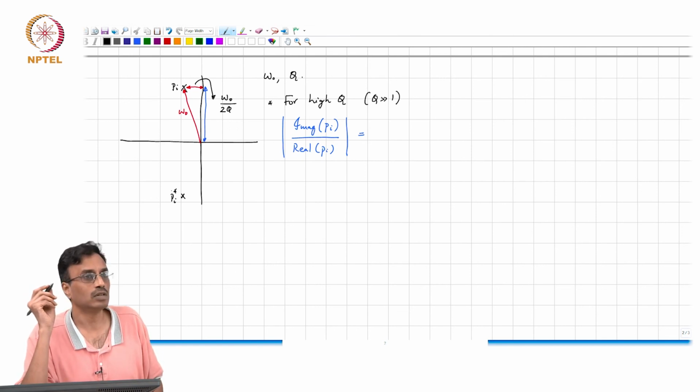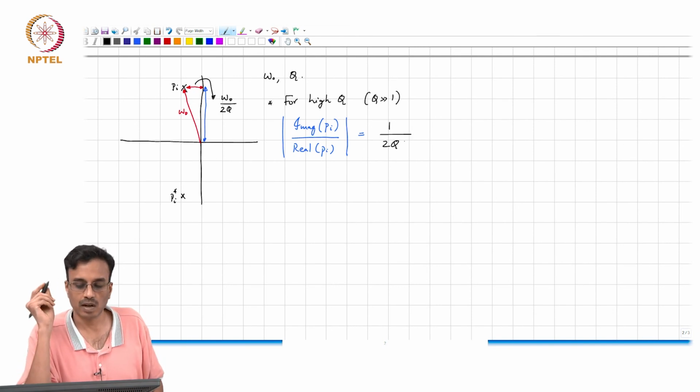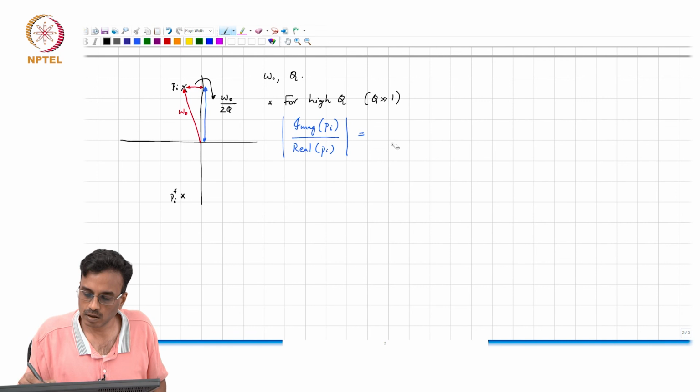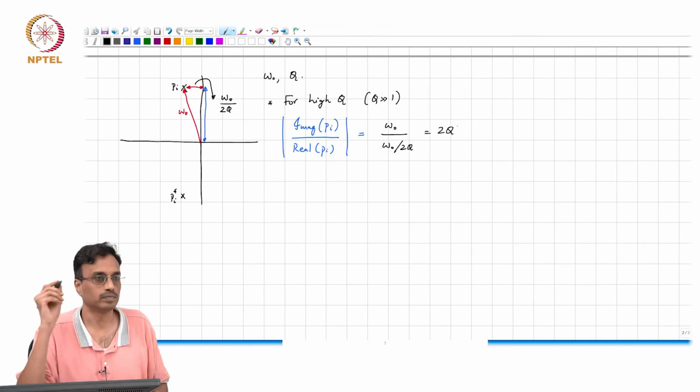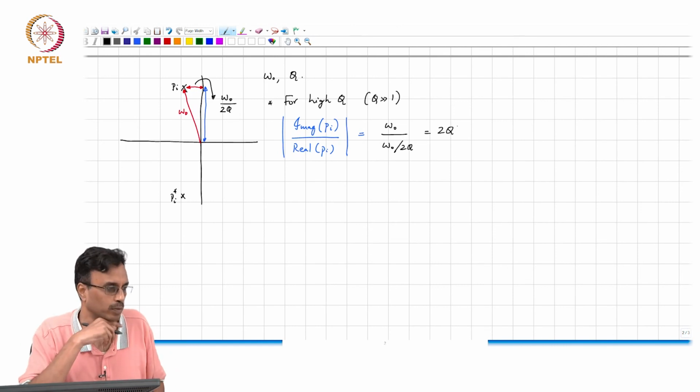For high q, the imaginary part is omega naught and the real part is omega naught by 2q, and therefore, this ratio is 2q. So, this is just something to bear in mind.